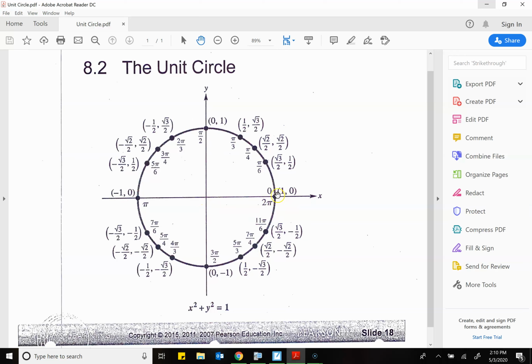You can see that with this point (1, 0), because from the origin to this point, that is the point on a graph of (1, 0), and then (0, 1). So if I drew in a radius all the way out to pi over 6, that would be a radius of 1. That's what you're looking at when we deal with this information: our radii on the unit circle are 1, hence unit. Unit meaning 1.